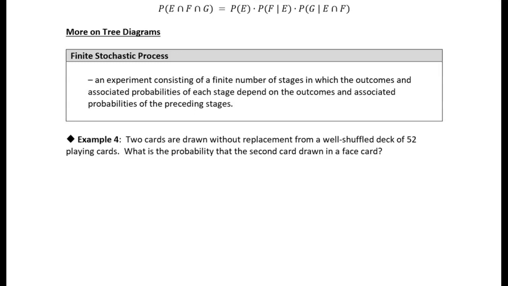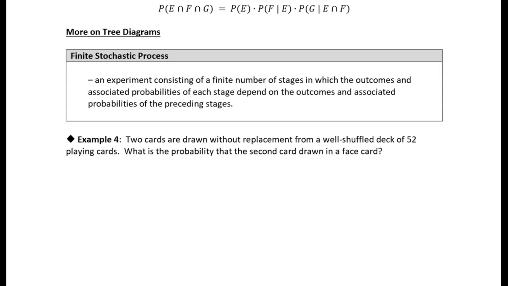There's a definition here: finite stochastic process. We're going to study finite stochastic processes. It sounds kind of fancy, but stochastic just means it's random. Finite means there's just a fixed number of stages in this stochastic process.